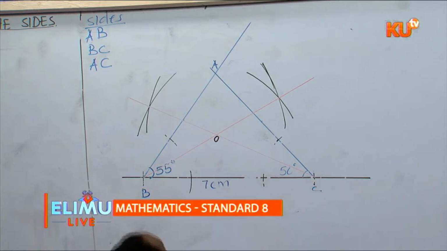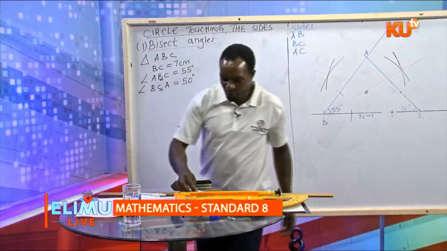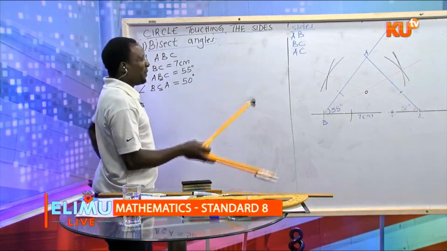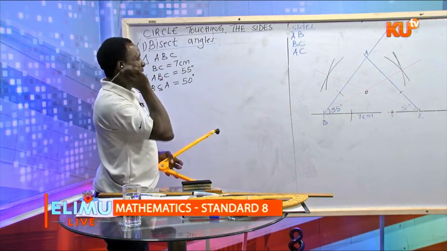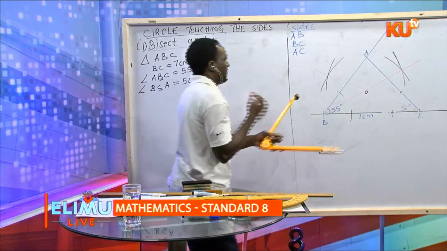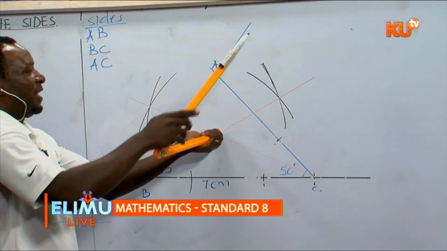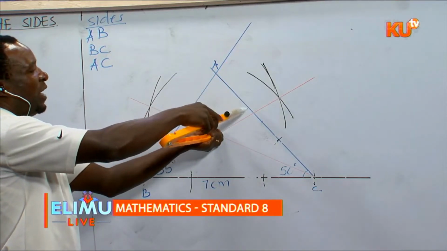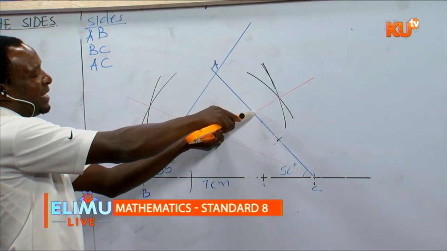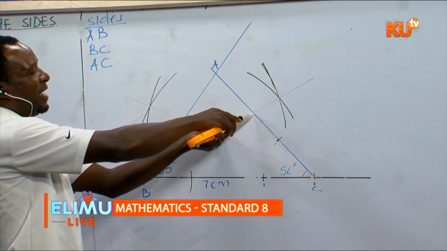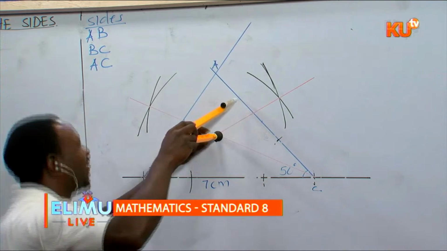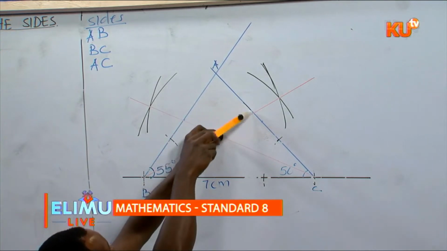Name it O. After naming O, take your compass. Gently, come, put the point here. Then touch one of the sides. There. Then you can draw your circle.